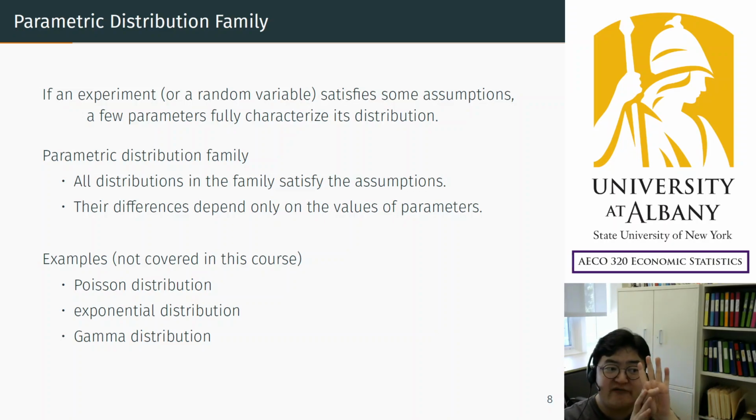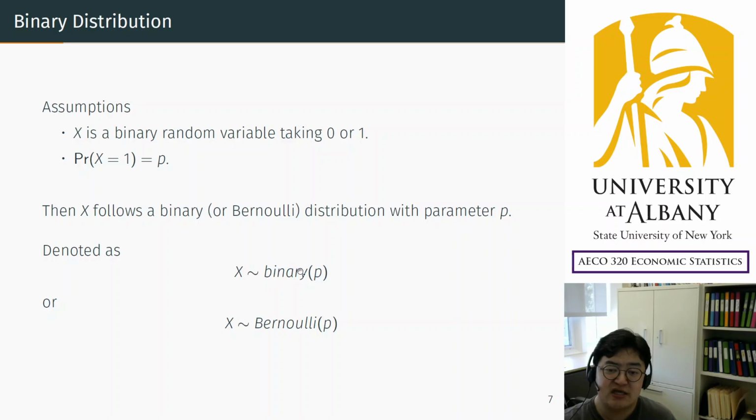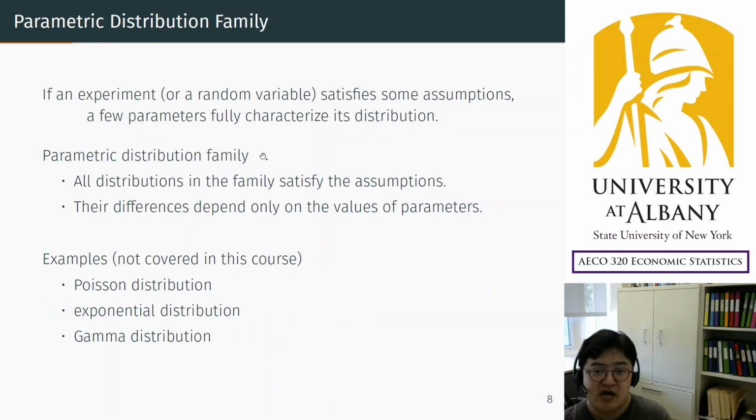So you have to specify the assumptions and the parameter, then you know everything. When I say binary, this indicates these assumptions. So when I say X follows binary, that means X satisfies these assumptions, and then the only unknown is p. The parameter is the only unknown part of this distribution. That is how you understand a parametric distribution.